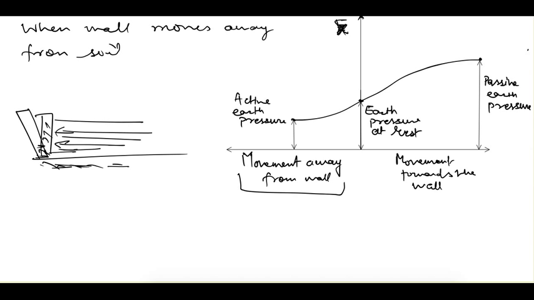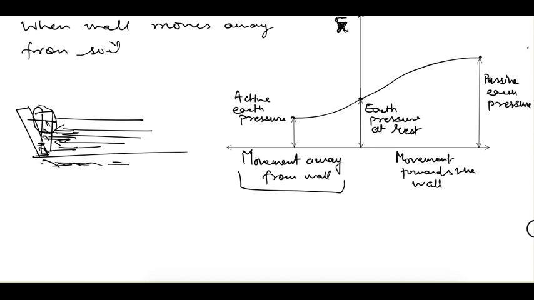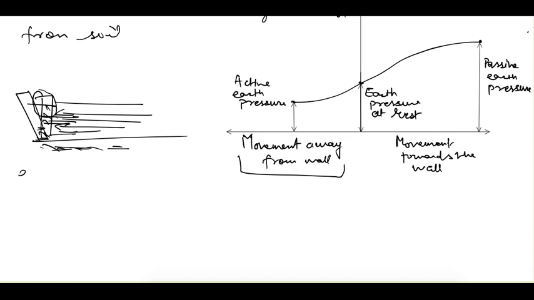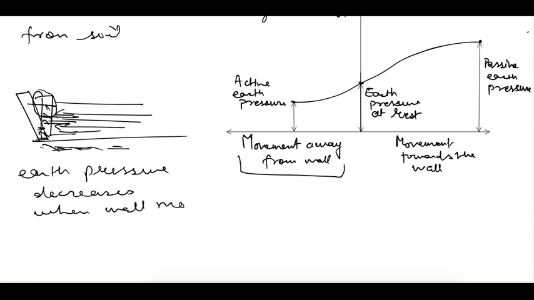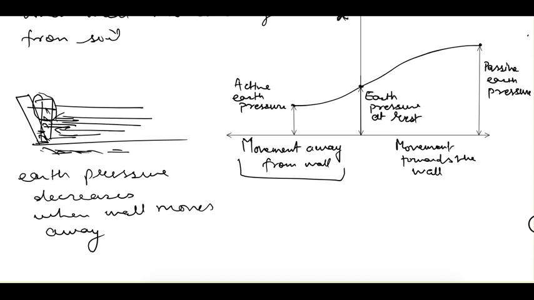When it moves away, it will release some pressure, because the soil mass can expand, so some pressure is released. So it means that the earth pressure decreases when the wall moves away. So let's understand it further.